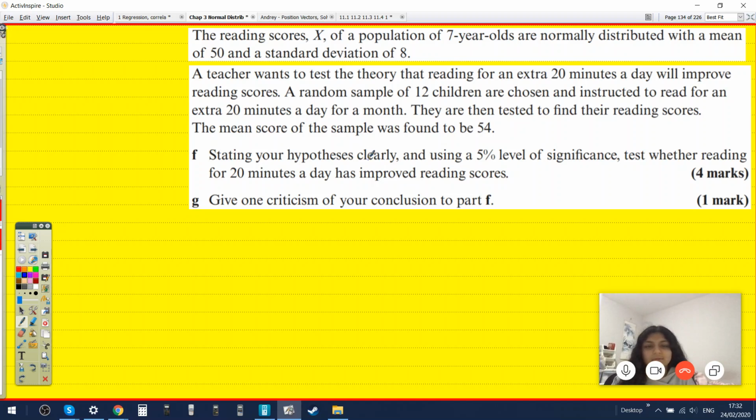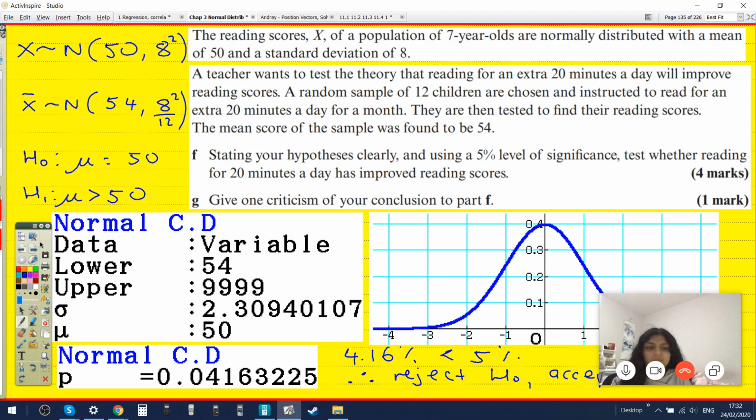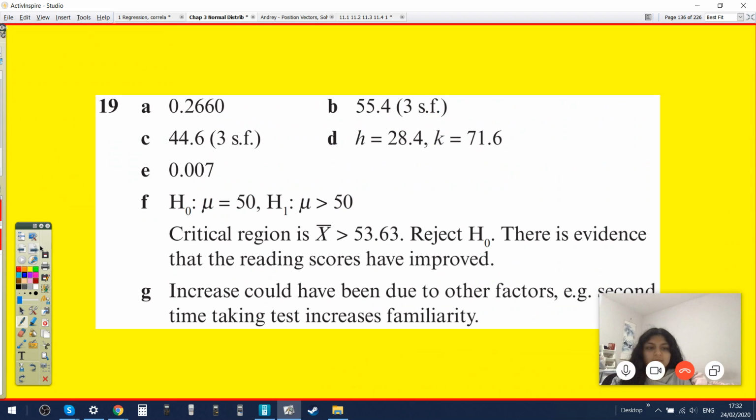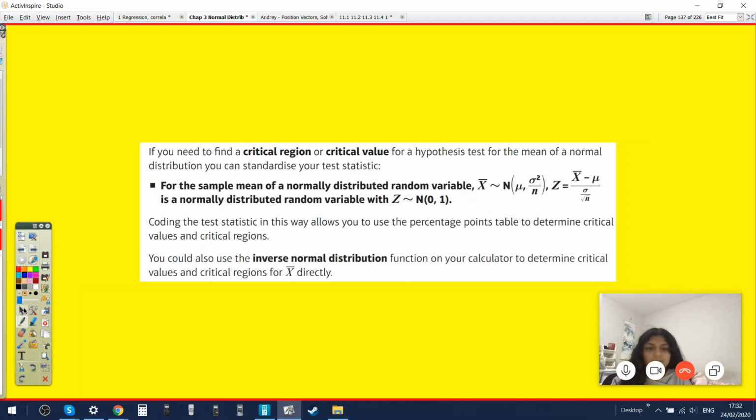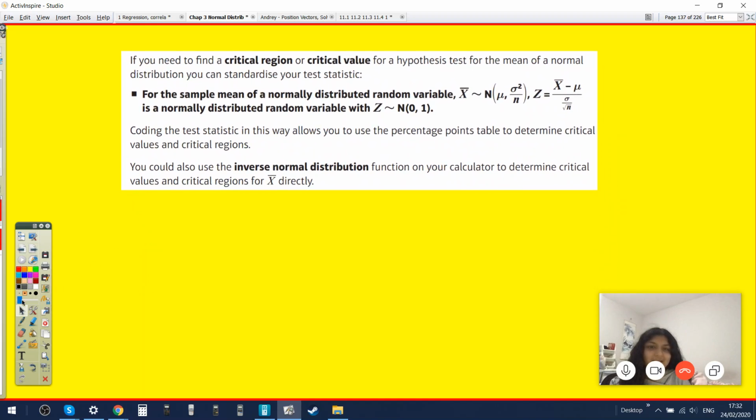Certain students might drop out of the test because they're not able to do an extra 20 minutes, but the kind of students who are able to do an extra 20 minutes of reading are probably better off in general. Increase could have been due to other factors, e.g. second time taking test increases familiarity. Yeah, that's a good point. Because they took one. So this is kind of critical region stuff. I don't know how to do that, so I need to go over that.